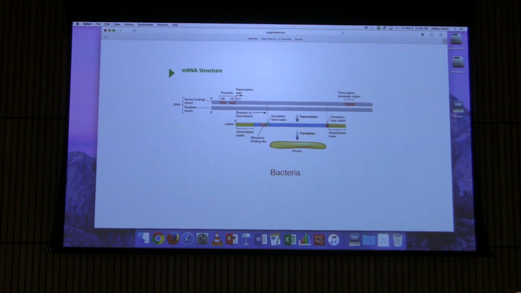Okay? An operon. So an operon is a prokaryotic structure, and literally it means organization of a variety of genes under the control of a single promoter.